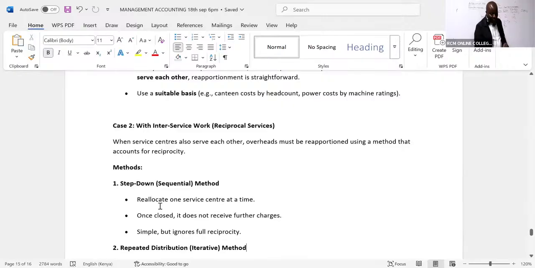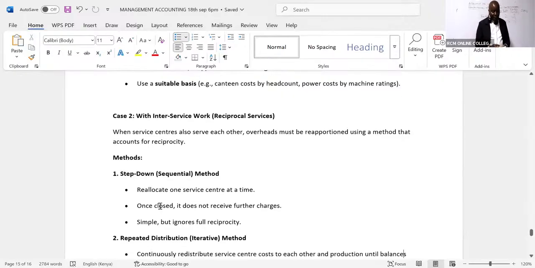So after writing the title, tell us there that when service centers also serve each other, overheads must be reapportioned using a method that accounts for reciprocity.